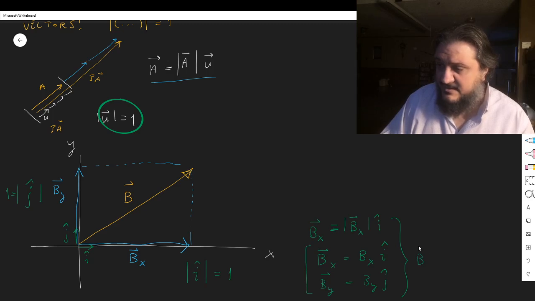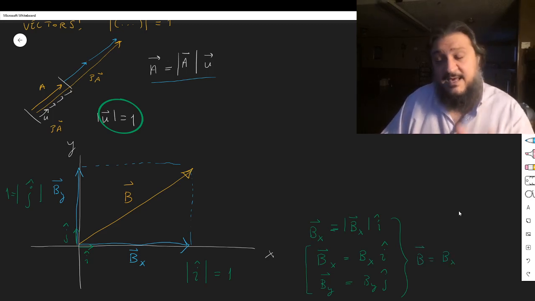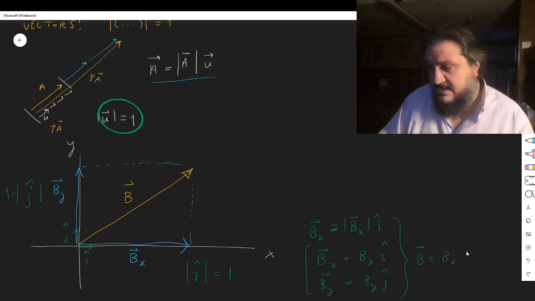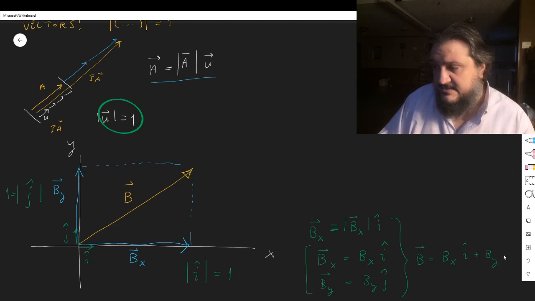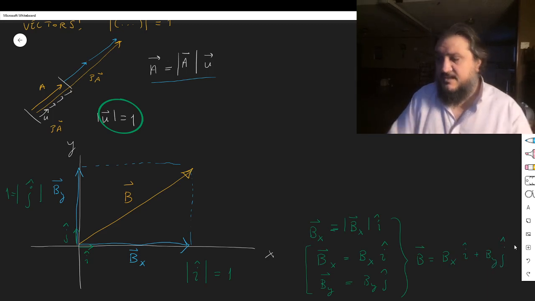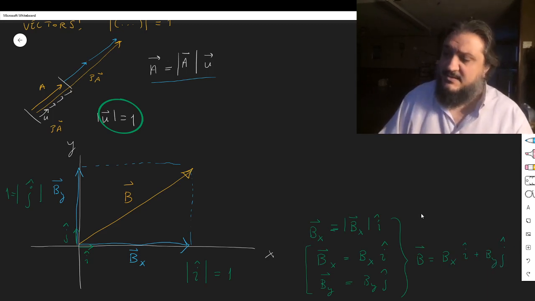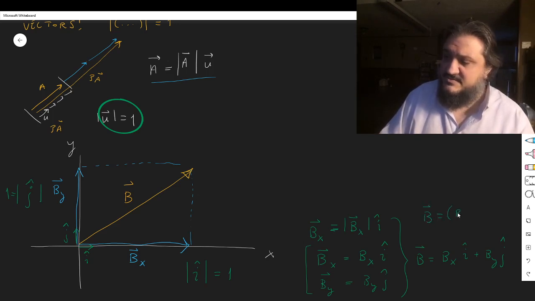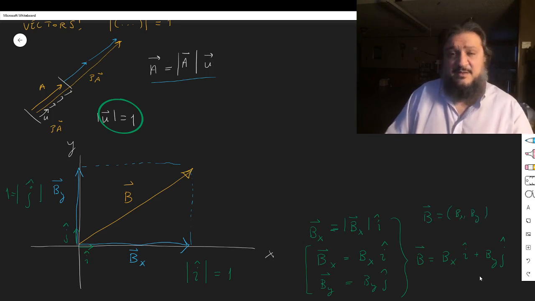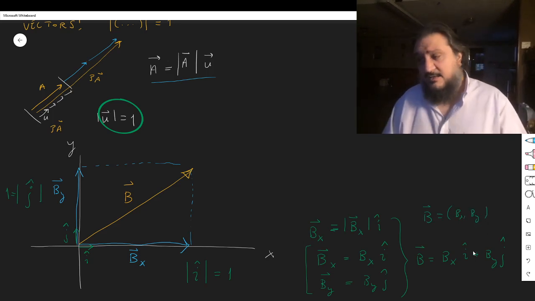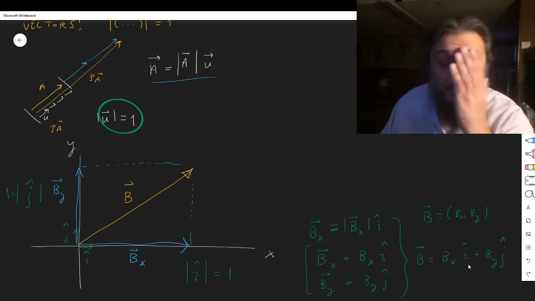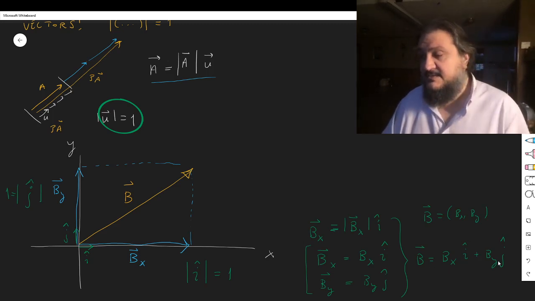So any vector can be decomposed into its x and y components with the use of unit vectors, like this. Remember what I said, I don't really like this parentheses notation this much, I don't use it that much. Here's the reason, there's a better version of it. I like the one with unit vectors.